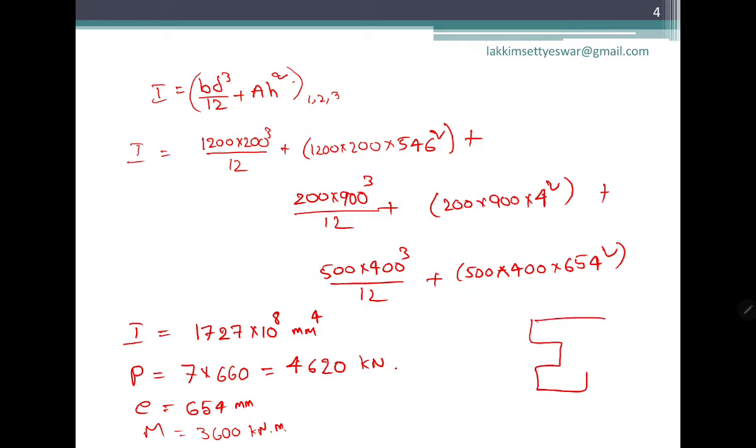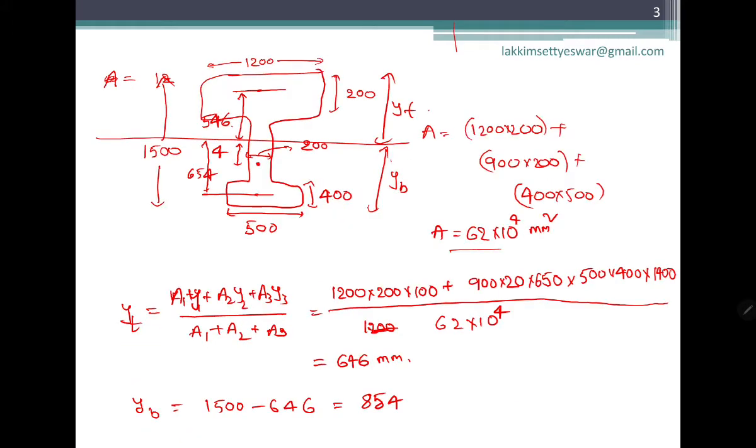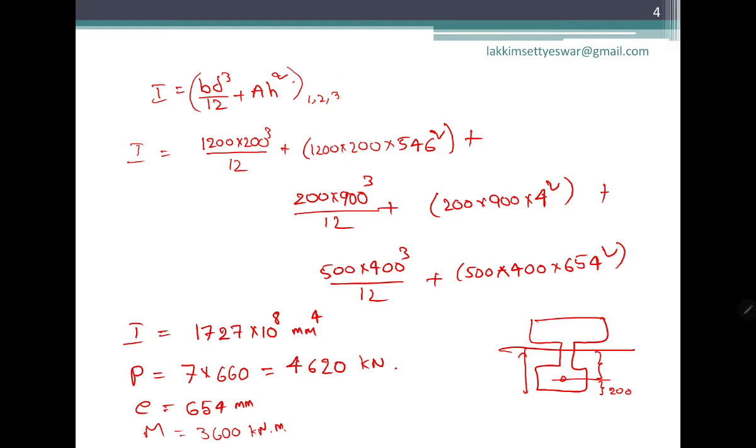Eccentricity means the distance between the neutral axis and our pre-stressing member. This distance is 200 from the bottom. y bottom is 854, so 854 minus 200 gives 654. This is the eccentricity.